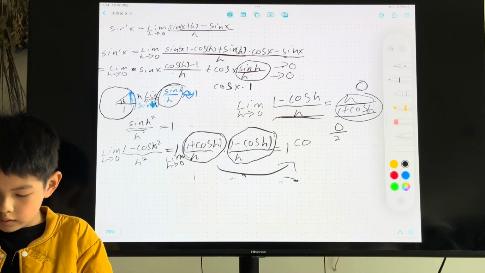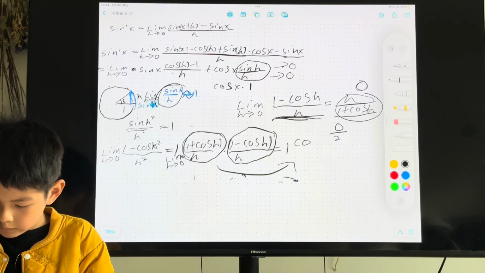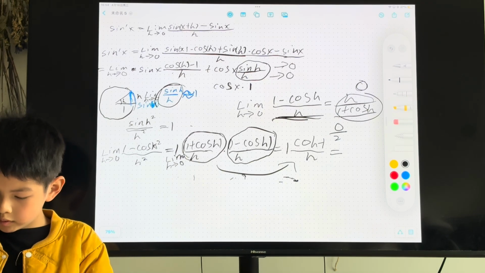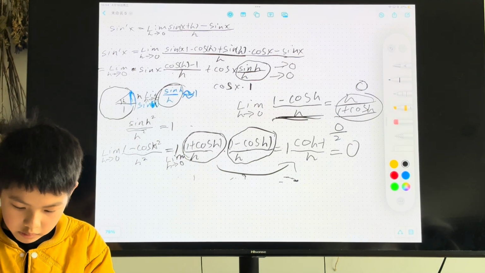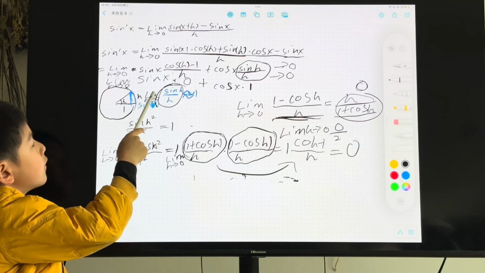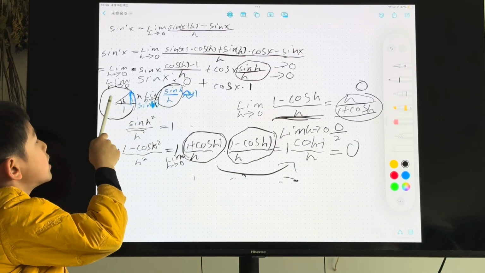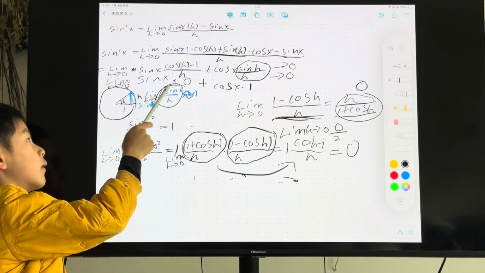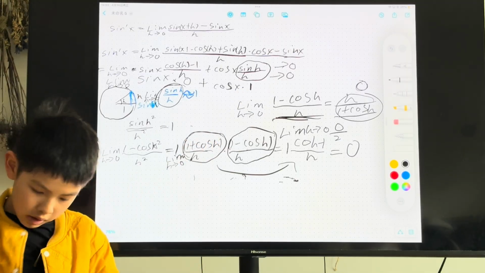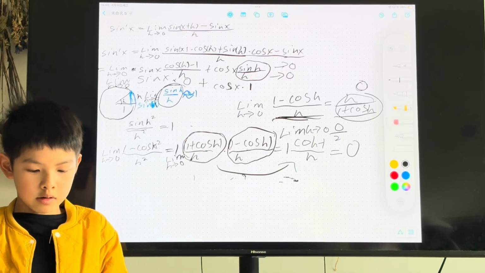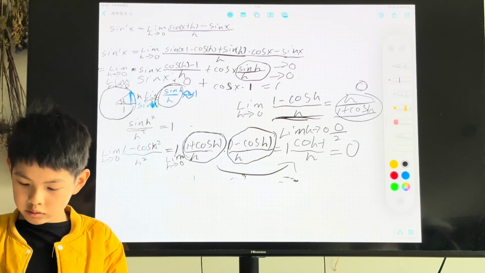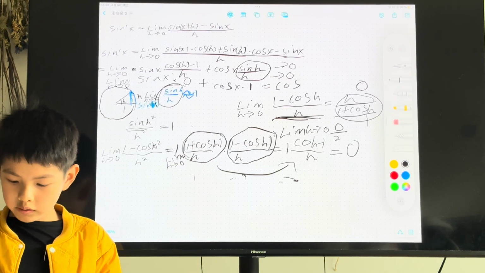On the left side we're left with this, on the right side it is still 0. So the derivative of sine of x is equal to sine of x times the limit as h approaches 0 of 0, plus cosine of x times 1, which is equal to cosine of x.